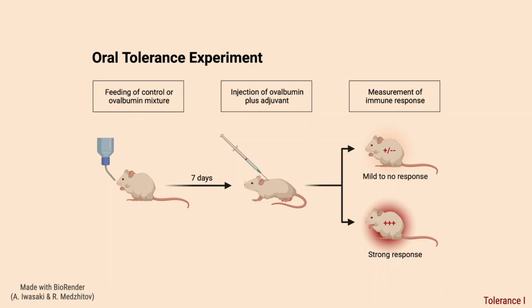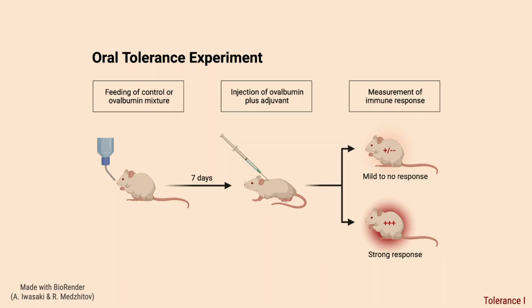But how, if you take the cells from this animal, transfer to a naive animal and immunize, how is this maintained? What we discovered was that upon feeding of ovalbumin, you induce regulatory T cells. These T cells further expand when you immunize. They become sort of memory, long-lived cells. People didn't know about CD4 and CD8 at this time.